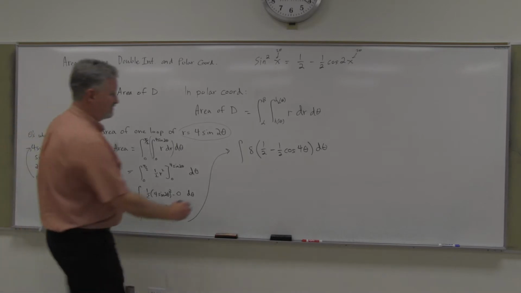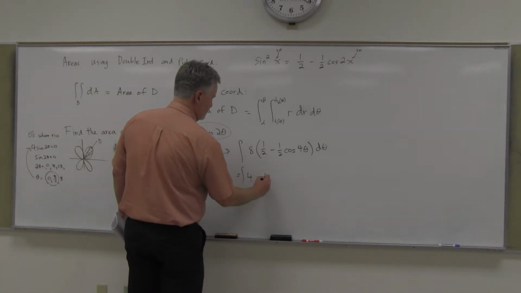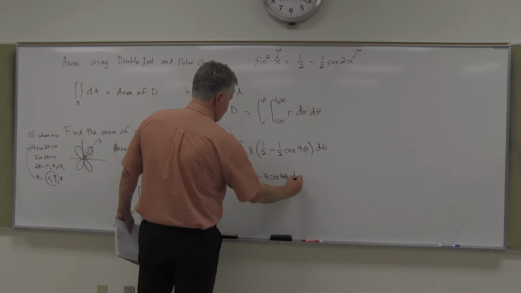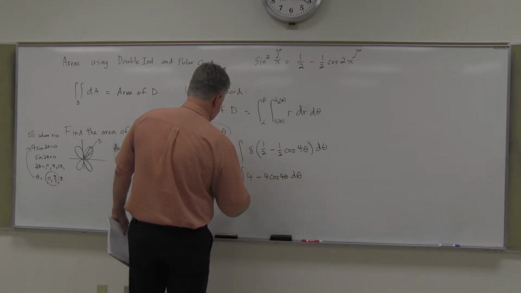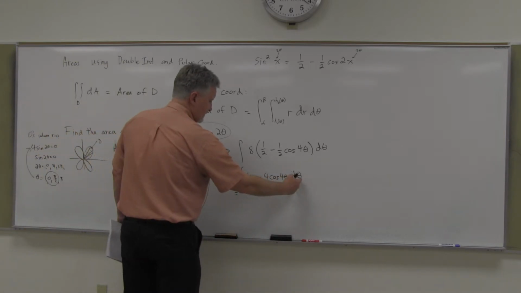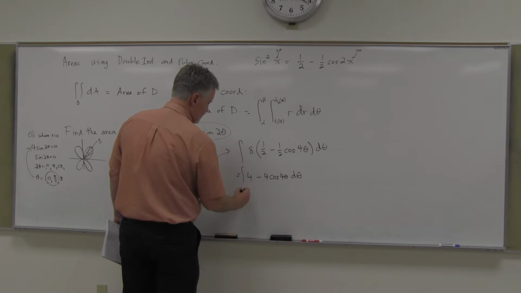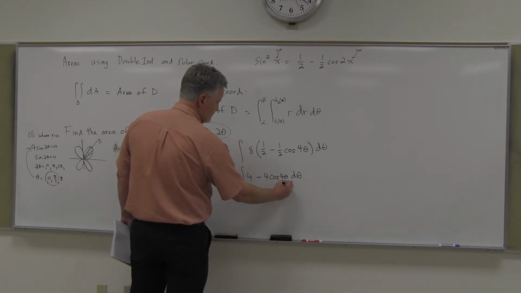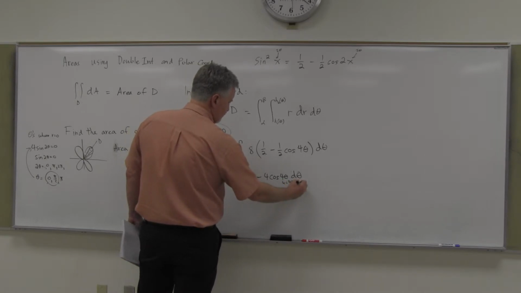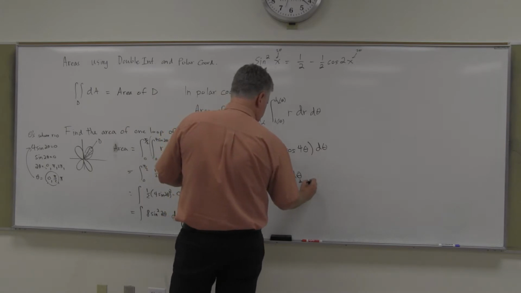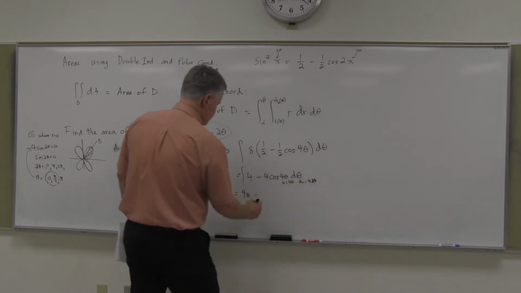All right, so this would be 4 minus 4 cosine 4 theta. And so I didn't put my limits, but now we're doing the integral with respect to theta, so that would be 4 theta. And here's just a little u substitution, u equals 4 theta, du would be 4 d theta.